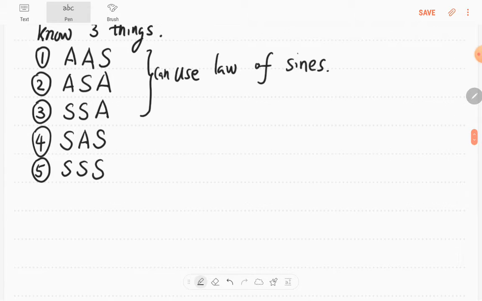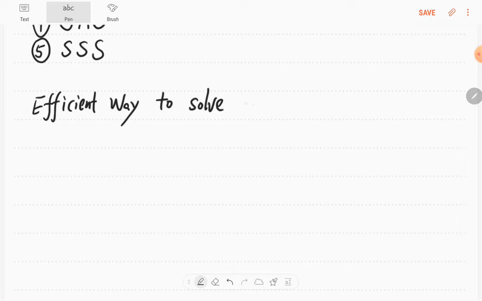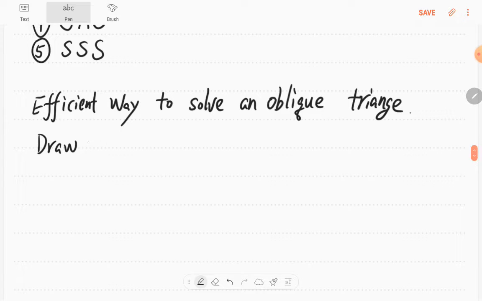Now let's look at these cases. There is an efficient way to solve an oblique triangle: we need to draw a little chart and then fill in the blanks.